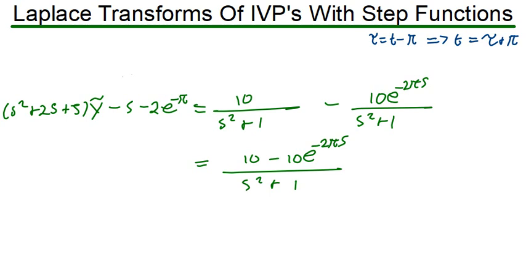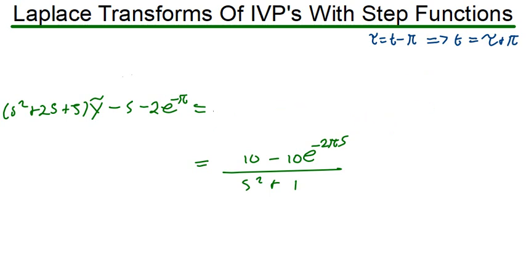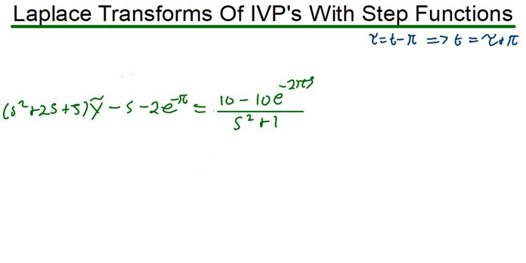So let me write it here: s squared plus 1, then I have 10 minus 10 e to the minus 2 pi s. I'm getting closer to the solution that I'm looking for.